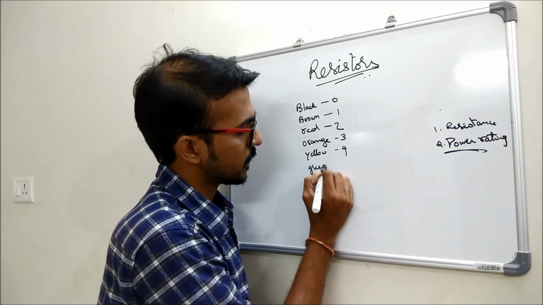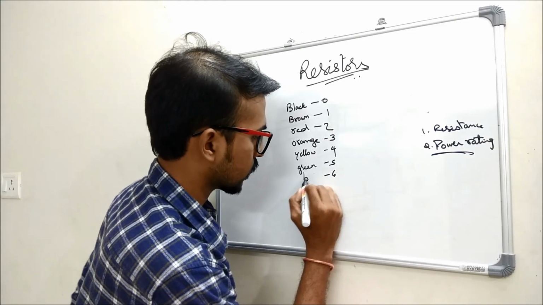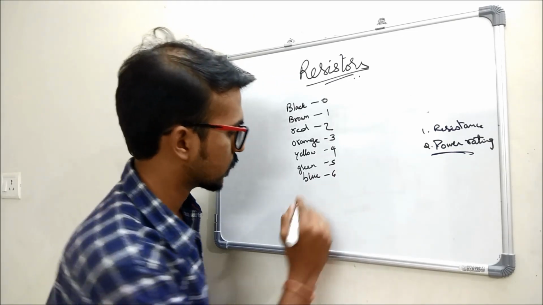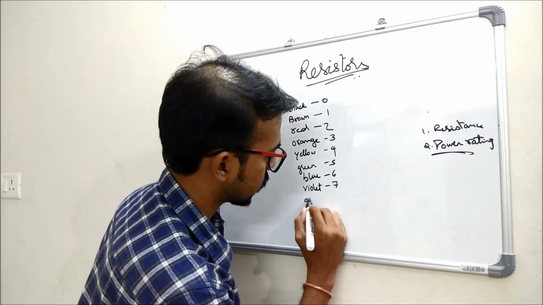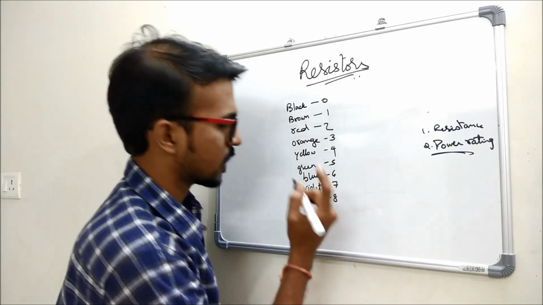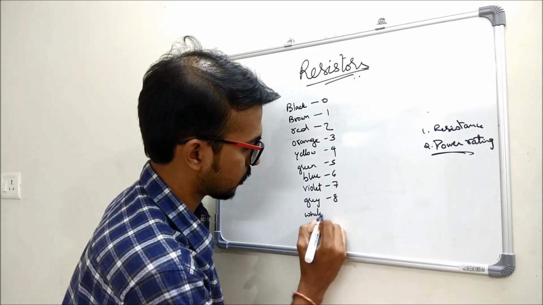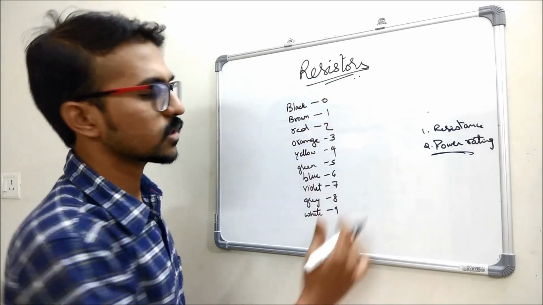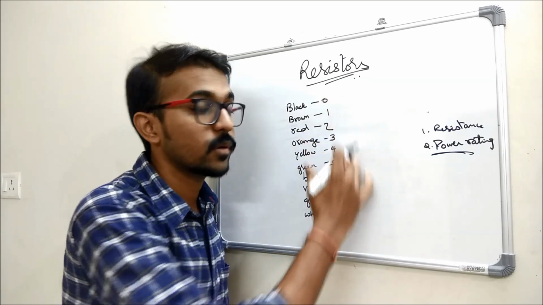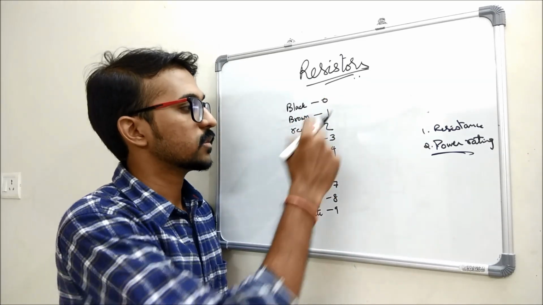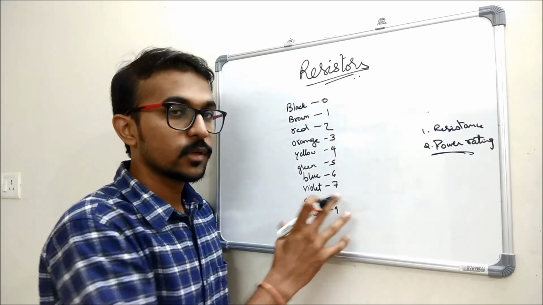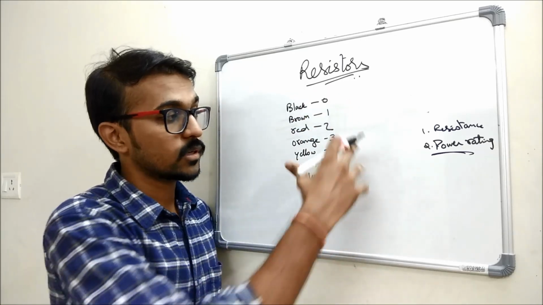Green is 5, blue is 6, and then comes violet, which is 7, gray is 8, and white is 9. These are the numbers you should remember to identify the resistance of a resistor based on its color code. If you know these values, you can calculate the resistance of the resistor.